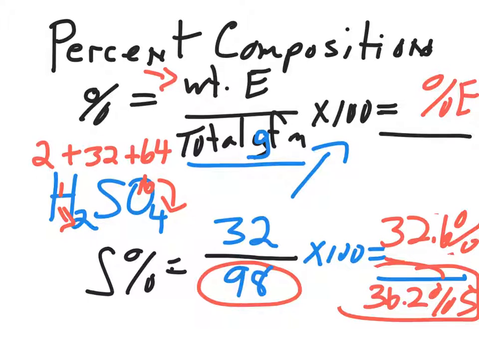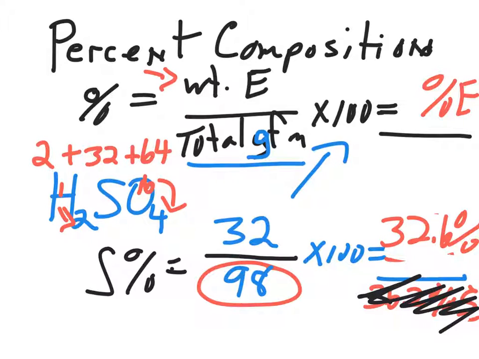Okay, it's not erasing very well. Okay, you know what might be easier? Just scratch this out. Okay, so it's really 32.6.